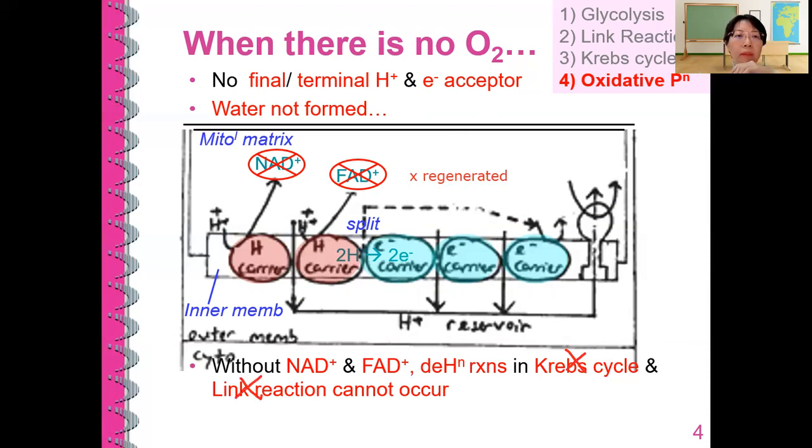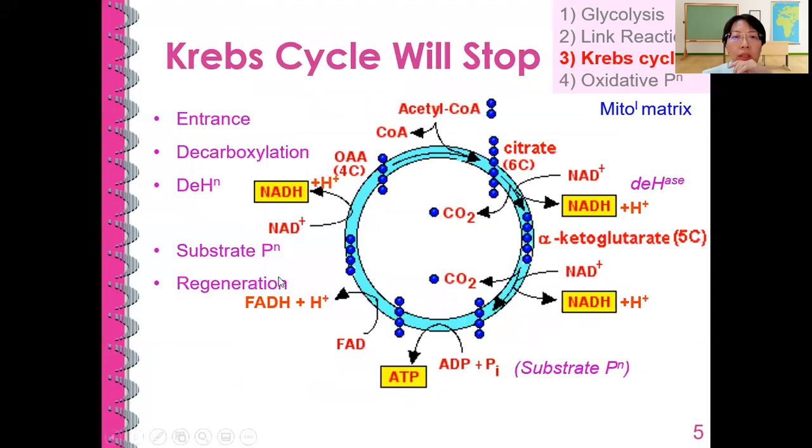So let's just look at the Krebs cycle and link reaction. So this is a Krebs cycle here. You know that in the Krebs cycle, where are the regions that need NAD+ and FAD+? From citrate to alpha ketoglutarate, there's one decarboxylation and one dehydrogenation, so this one needs NAD+.